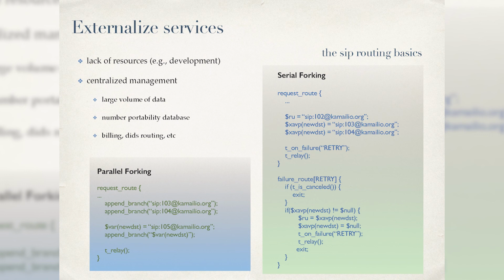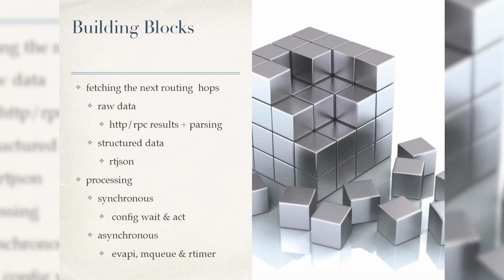You have the routing nodes when you decide that, oh, this is a need to check if it's a number ported or not. You can send this to this central node. And again, you can combine asynchronous processing, so you don't really need to block while waiting for this to be done.